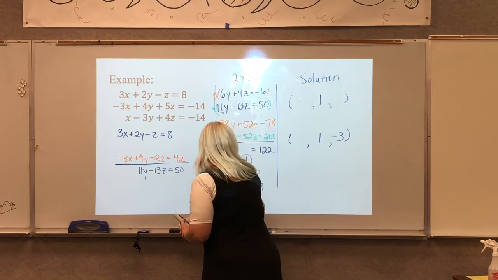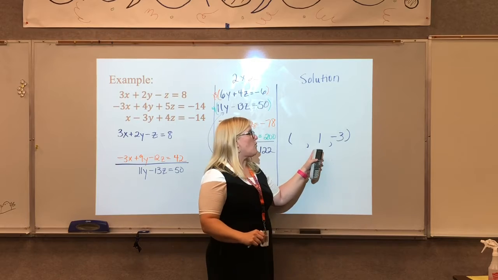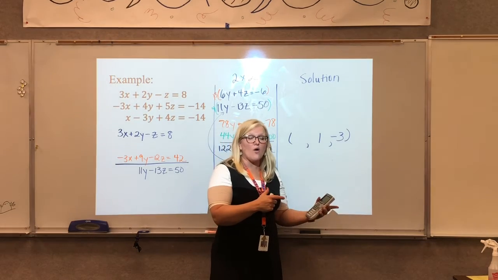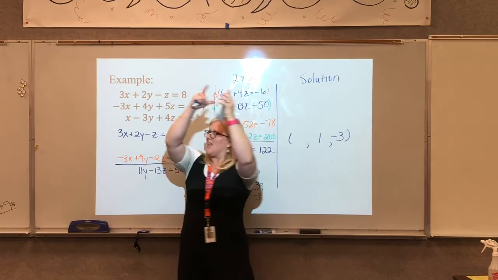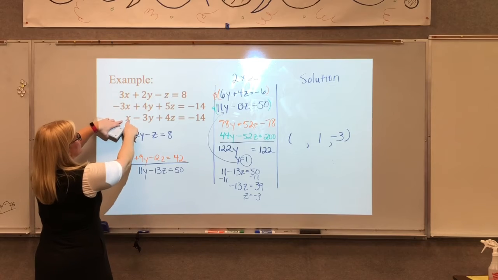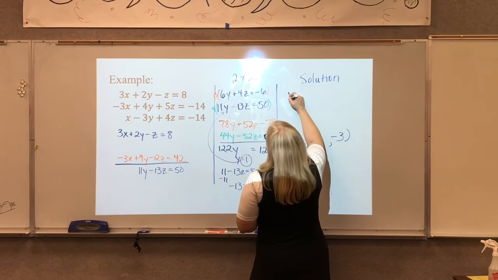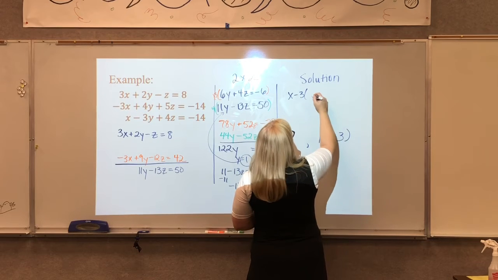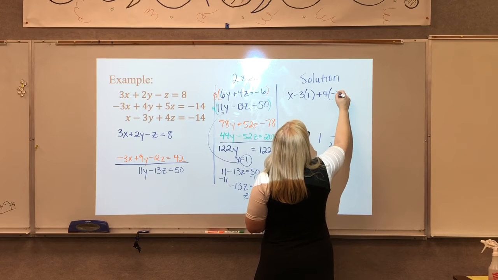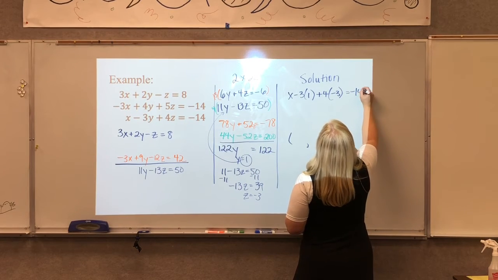All right, so I've gotten to this point. Now what? So I've got y and I've got z. I just need x. So now I take what I have and I plug it into one of the original equations. And I think I'm going to do this one because x is by itself. So I've got x minus 3 times y is 1, plus 4 times z is negative 3 equals negative 14.